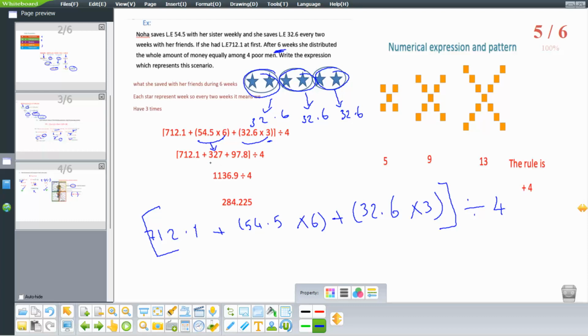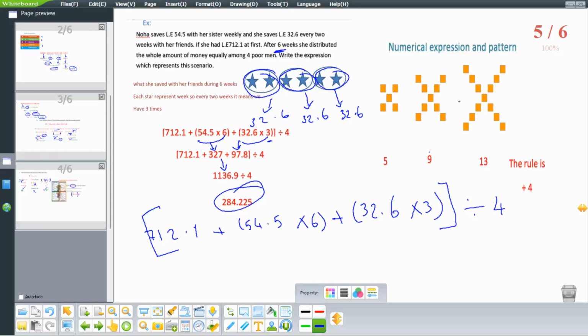So this answer will be 327, and this answer will be 97.8. And if I add all of this, it will be 1136.9 divided by 4. If we make long division, it will be 284.225.